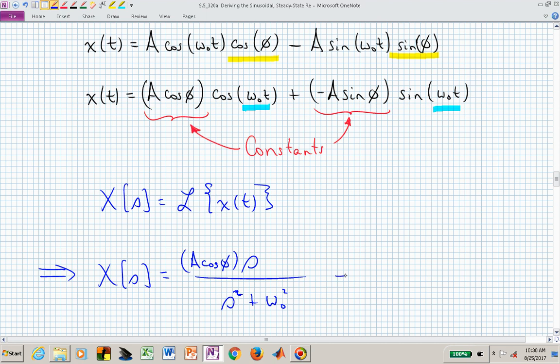And then let me go ahead and pull the negative sign out, and we have the Laplace transform of sine omega naught t, which is omega naught over s squared plus omega naught squared. And again, we have to scale that by a sine of phi.